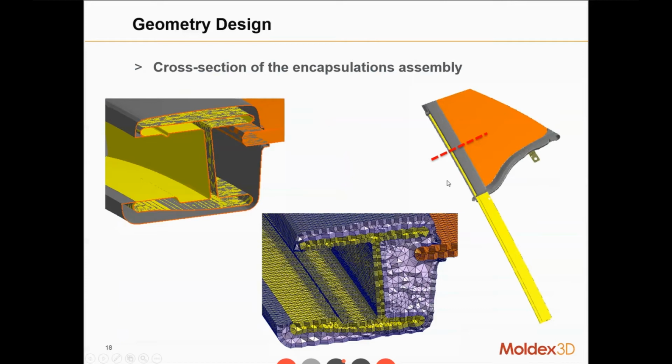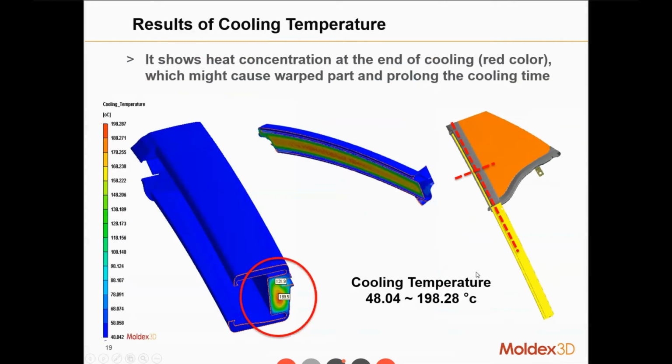It is a real product, and it looks like this. In the cross section at this region, the purple color is the PVC encapsulation and the yellow part is the GRC.